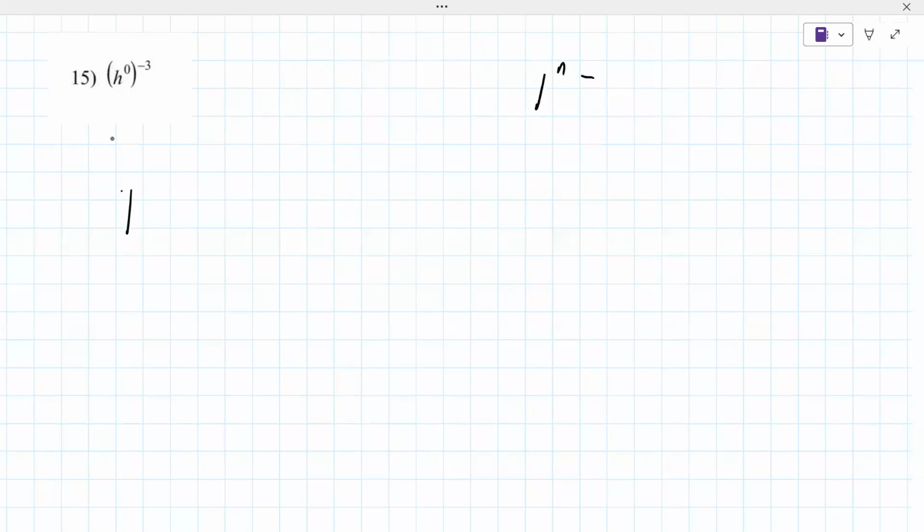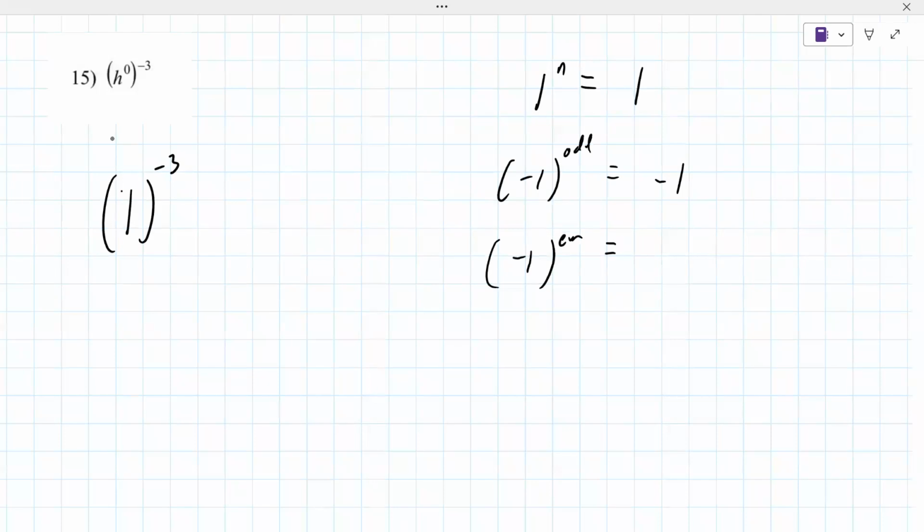So 1 to any power is always 1. Yeah, but you have 1 to the negative 3 power. Negative 1 to an odd power is negative 1. Negative 1 to an even power is 1. Wait, what if 1 is to a negative power, it doesn't change, it's just 1? 1 to any power is always 1. Doesn't matter what it is. All right. Any power.